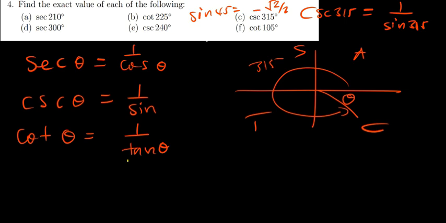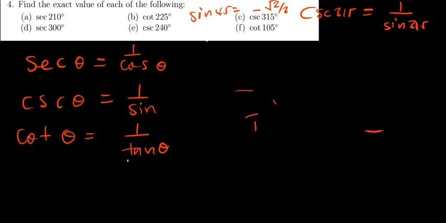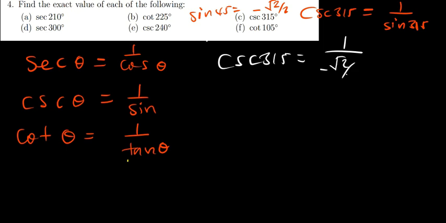Now what I'm actually finding is, I want now to find this. I'm now finding cosec 315, which is going to be 1 over negative root of 2 over 2.